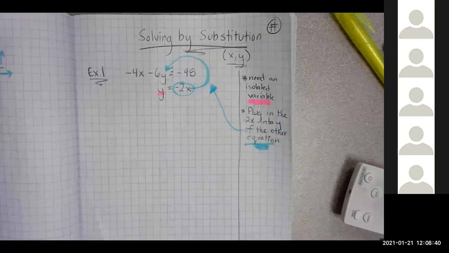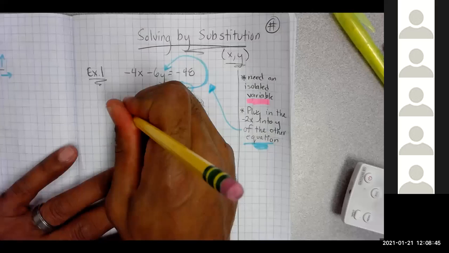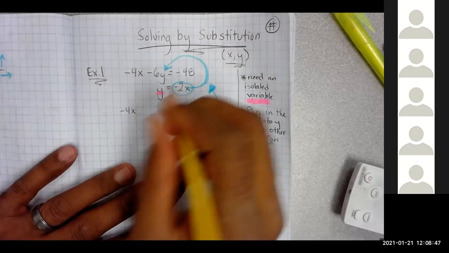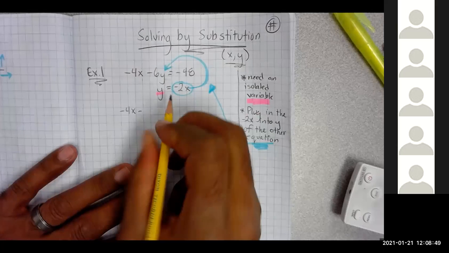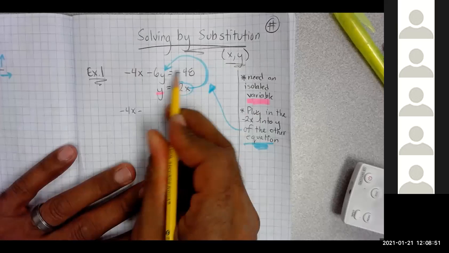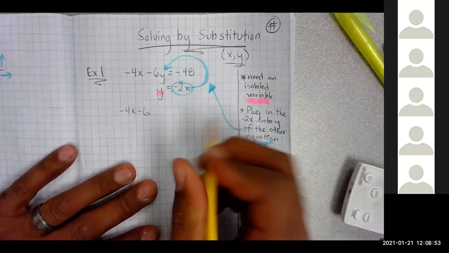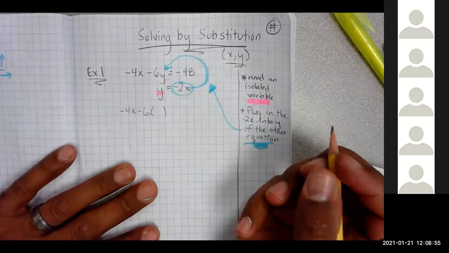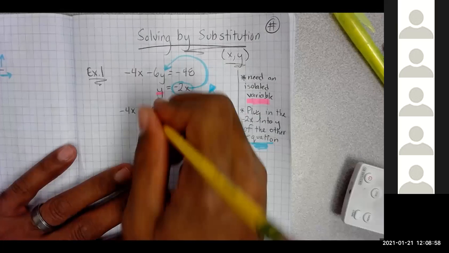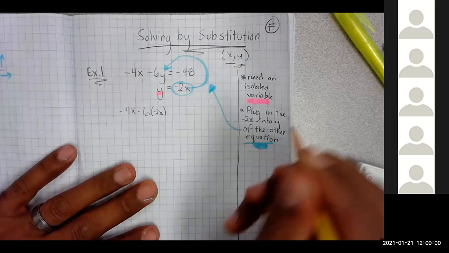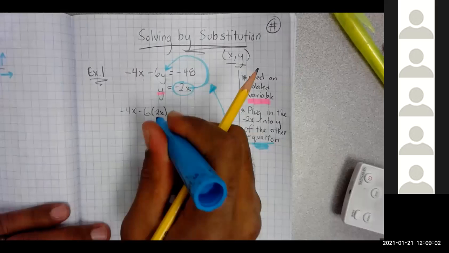Okay, so the next step, I'm going to rewrite that first equation. And remember, I'm replacing or substituting this expression for y, so I want to make sure I write parentheses wherever I do that. So here, that negative 2x, I'm going to plug that in.